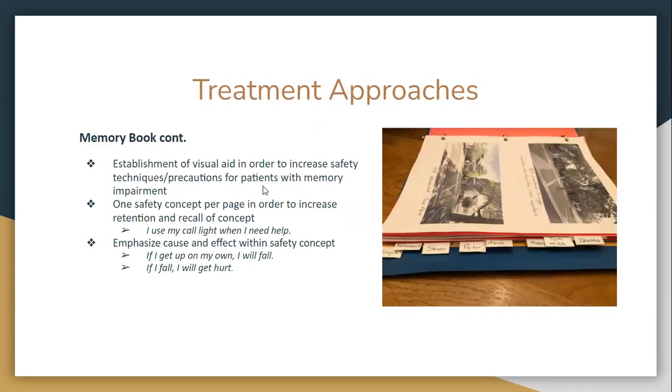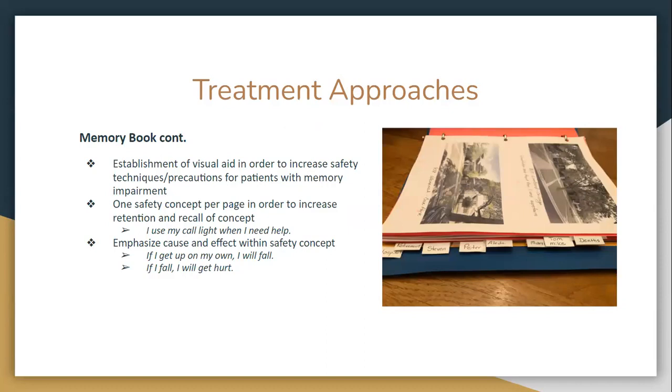The memory book is important as it is an established visual aid, which can help the patient to process the information and retain the information that I want for them to learn. The way the memory book is developed, I review the concepts with the patient as I am writing each page.